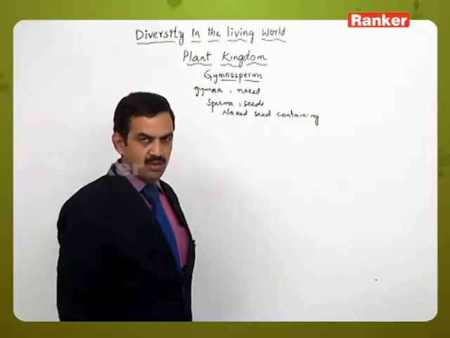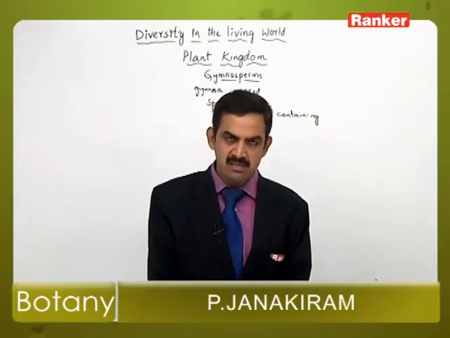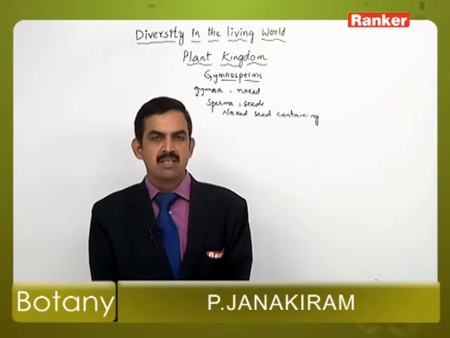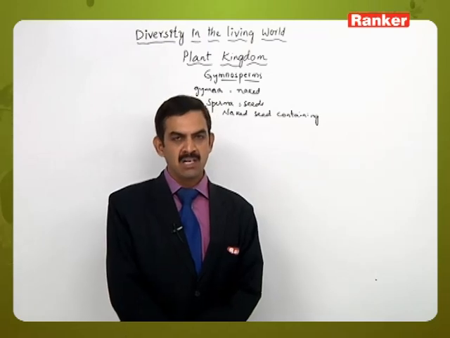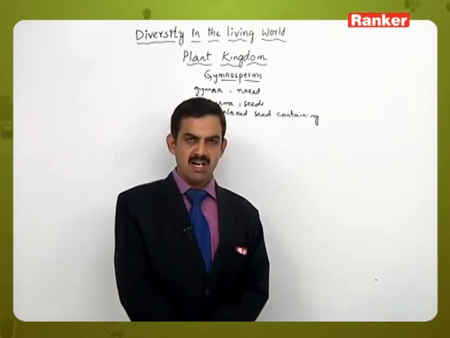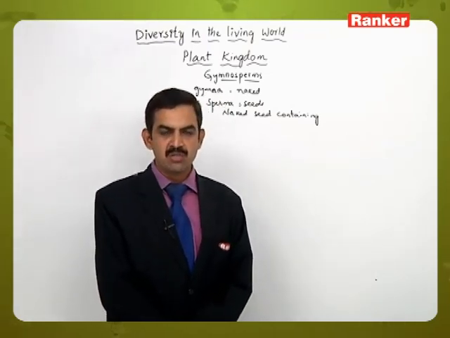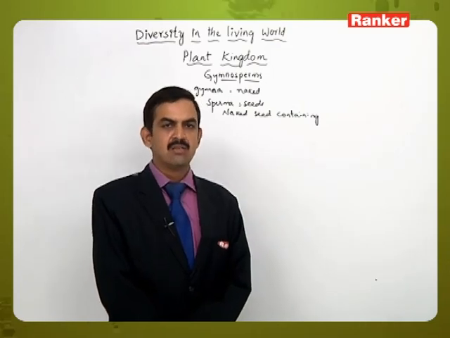Why are they called naked seed containing plants? We know that in angiosperms the seeds are enclosed inside the fruit wall, but here when fertilization occurs, the seeds are produced but they are not enclosed in the fruit wall.